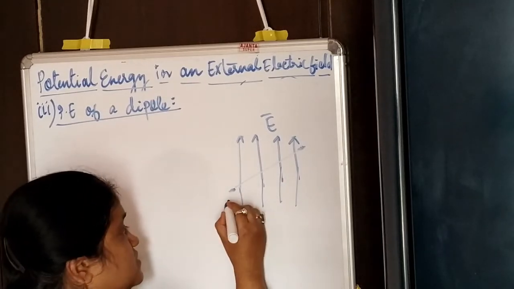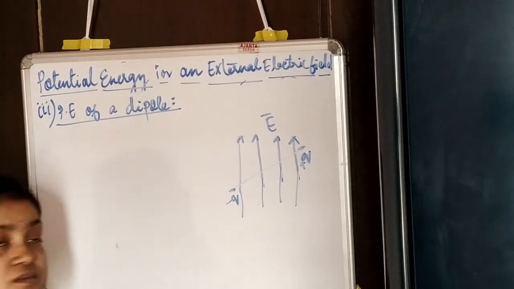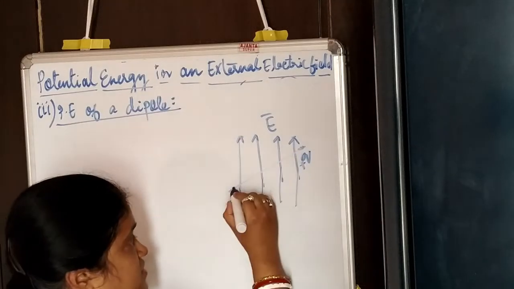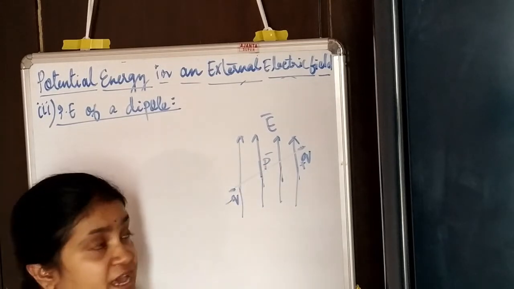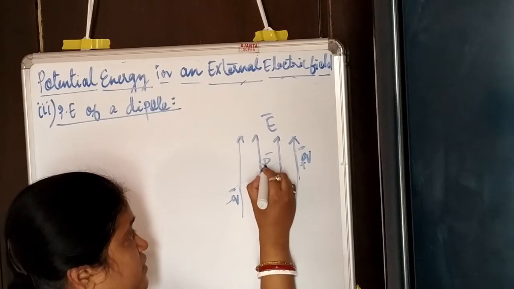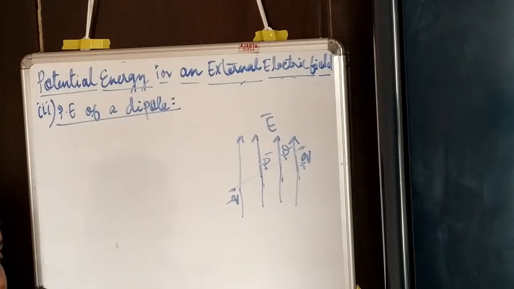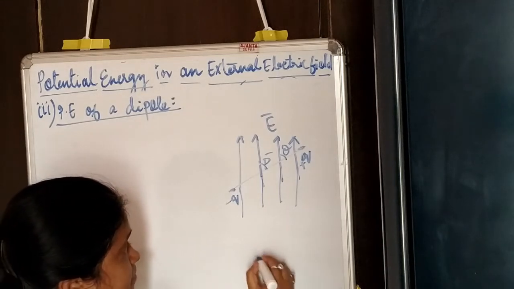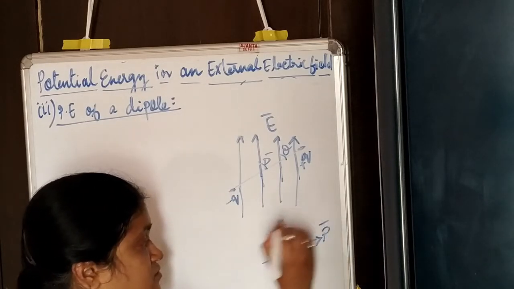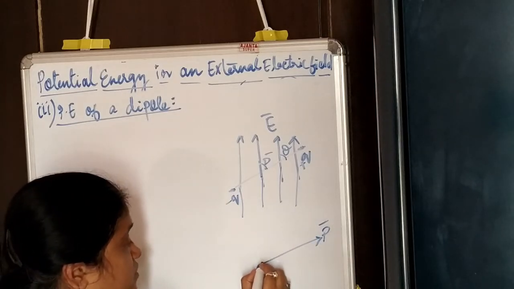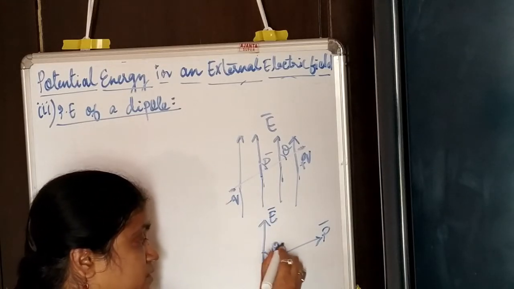As we know, dipole means two charges of equal but opposite polarity. Let's suppose this dipole has a dipole moment P, and this dipole is oriented, or making an angle theta, with this electric field. So the direction of the dipole moment vector and the vector of electric field are making an angle theta.